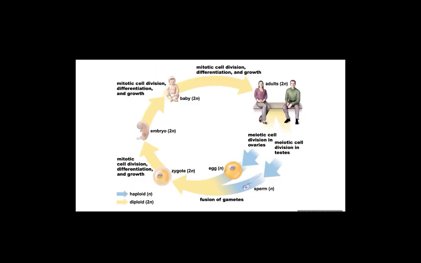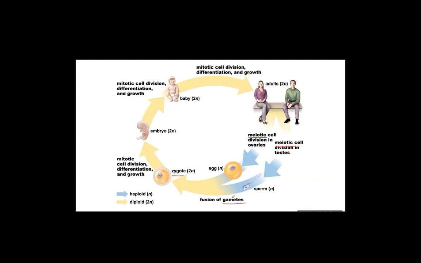So one more time. If we look at this, the blue color is the haploid life cycle, and the yellow color is the diploid life cycle. So when these adults fully mature and produce egg from the female and sperm from the male, at that time they undergo meiosis. Okay? Then we call the egg and sperm gametes. Once gametes are formed, they can fuse and form a zygote.